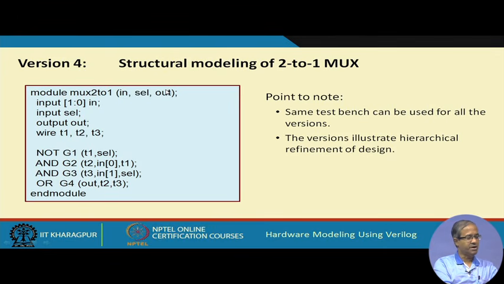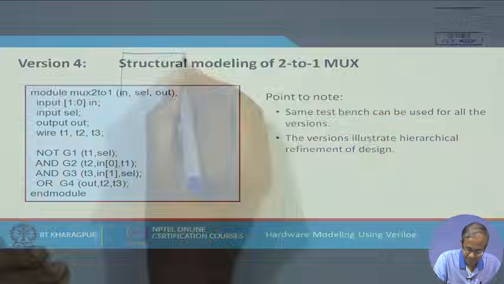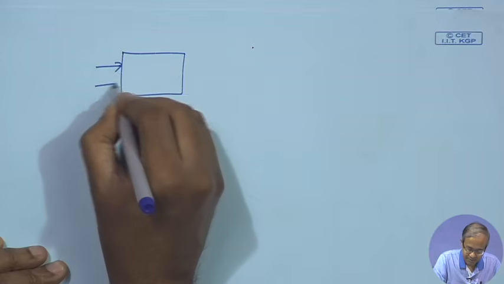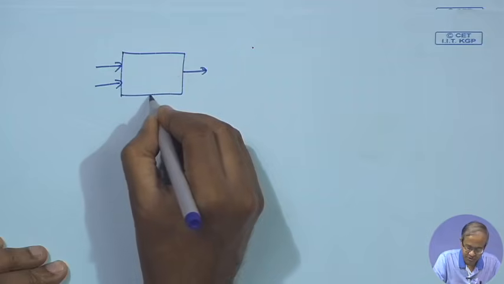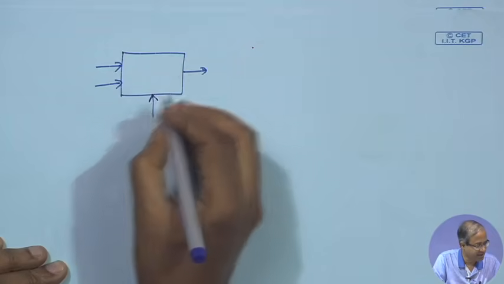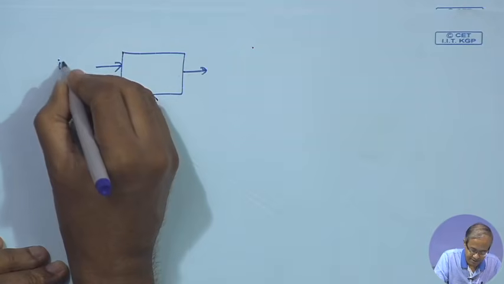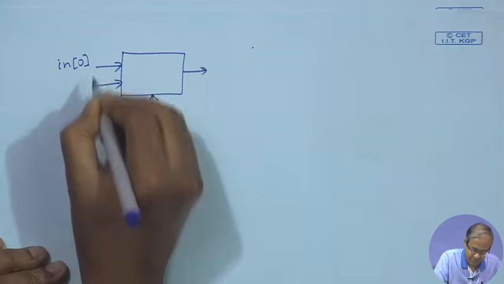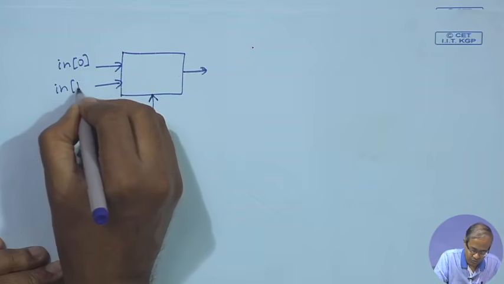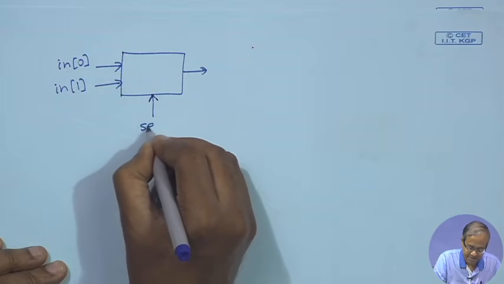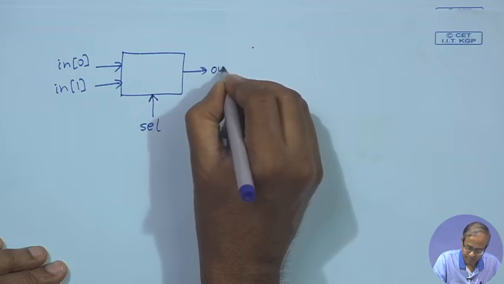So, how do you implement a 2 to 1 mux? There are 2 inputs and a select line. Let us say the inputs are in 0 and in 1, this is sel, and the output is out.